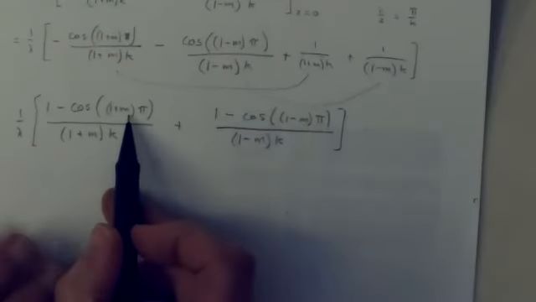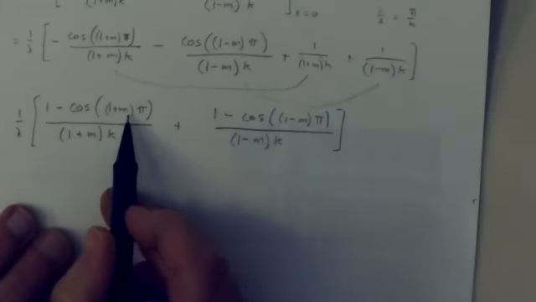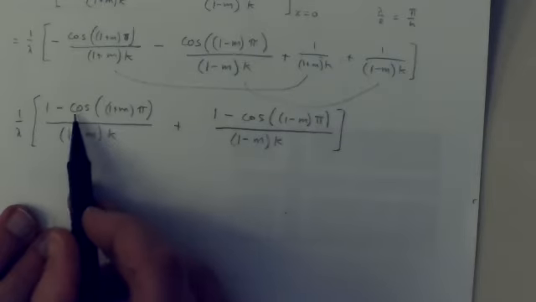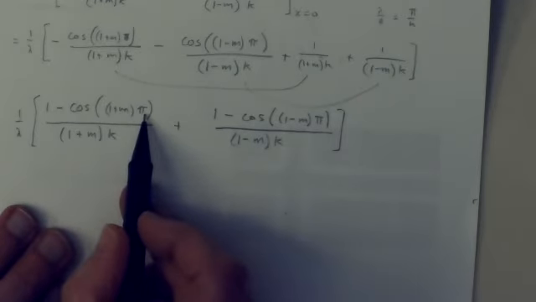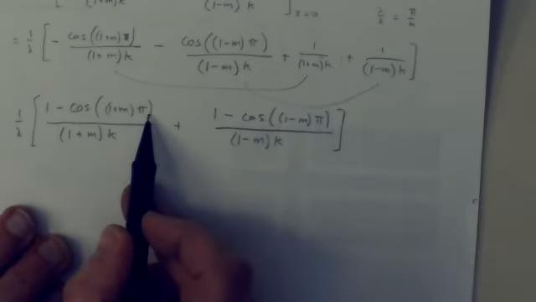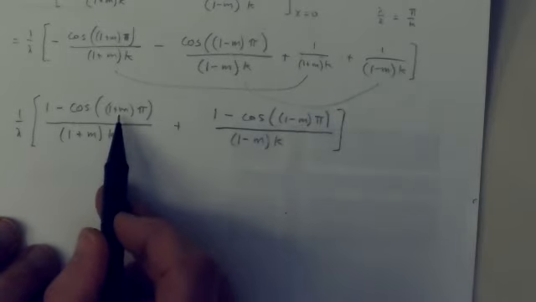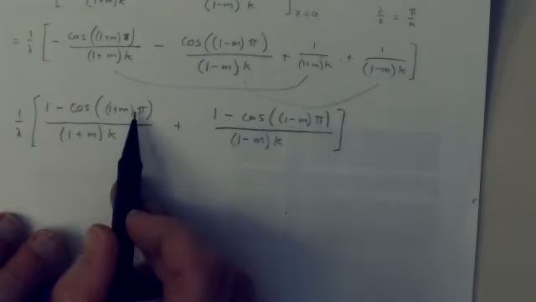Can we see that? If m is odd, then this is going to be cosine of an even number of pi. An even number of pi, that's going to be 1. 1 minus 1 is 0.